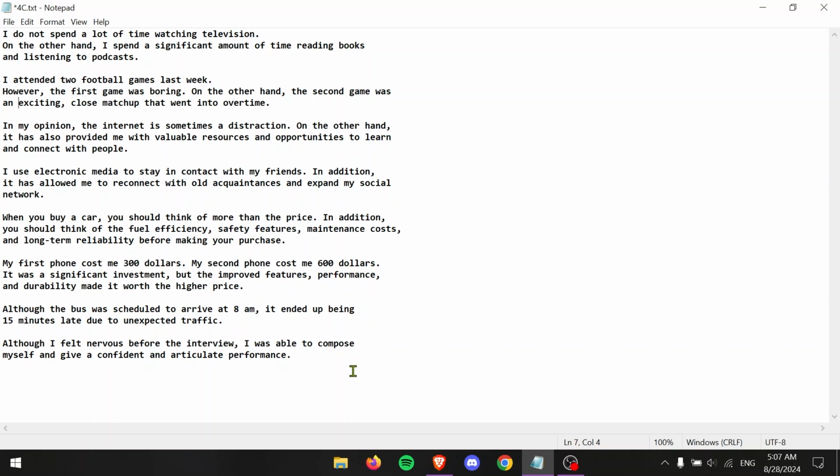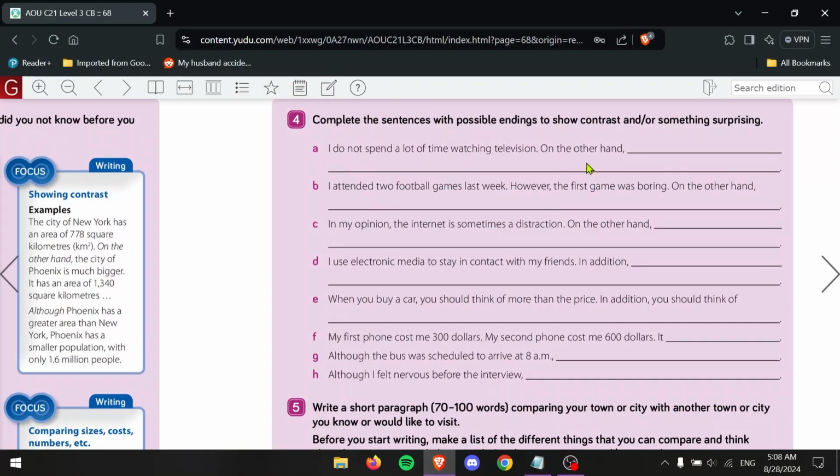Although I felt nervous before the interview, I was able to compose myself and give a confident and articulate performance. Okay, so this was me showing contrast in the part that was missing for each of the sentences here.